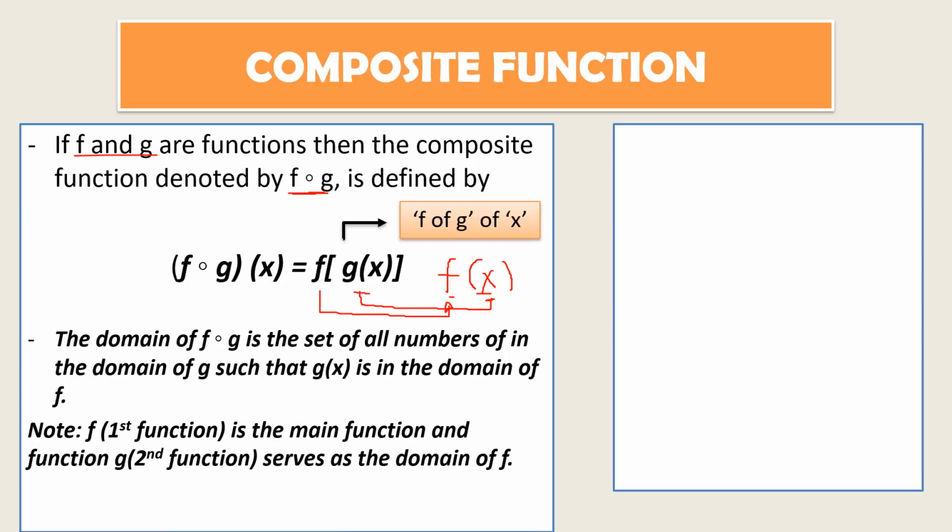Kaya nga, ang sabi ko kanina that if we have the main function, we also have the secondary function or serves as the domain of the main function. So, ulitin ko lang that in here, we have two functions, f and g. One is considered as the main function and the other is considered as the domain of the main function.